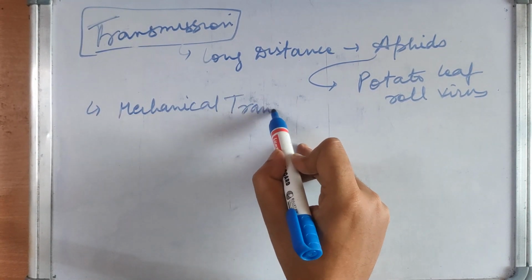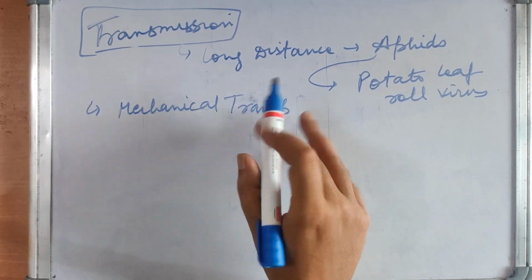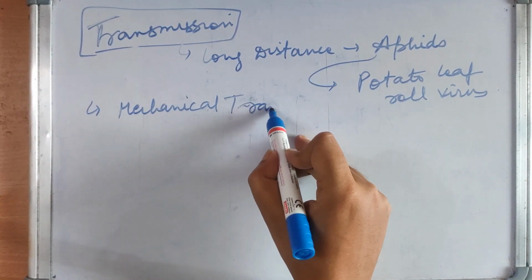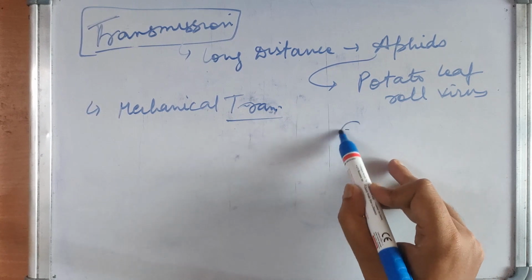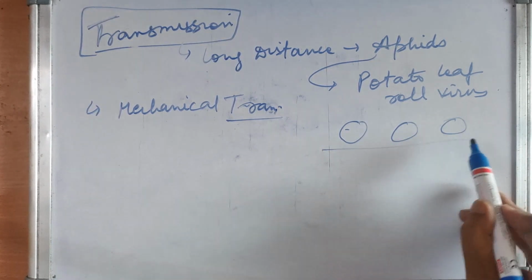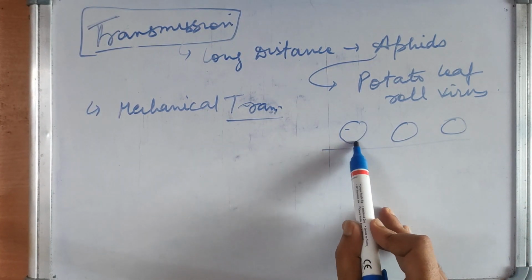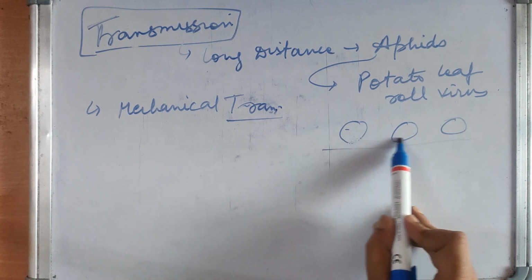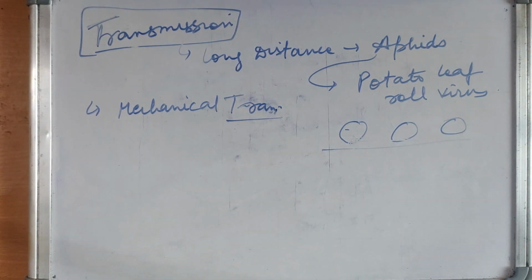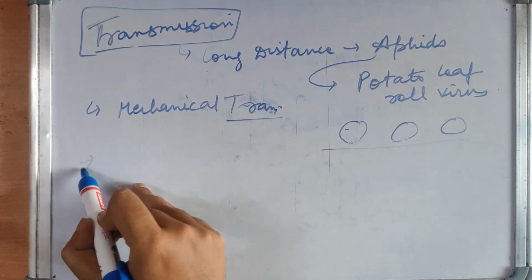Suppose you are using a tractor in the field. The viroid gets attached to the machinery and is transferred from one place to another in the field. So there is mechanical transmission also.